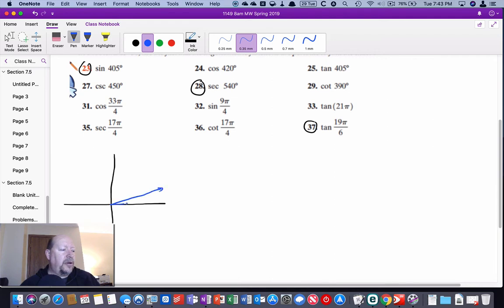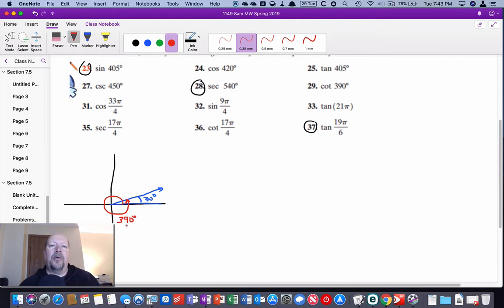Now let's pick a coterminal angle. From 30 degrees, let's go one full rotation around and stop at the same terminal side. That's a 390-degree angle, right? Because we were at 30 degrees and you go one full rotation past that, so that's 390.